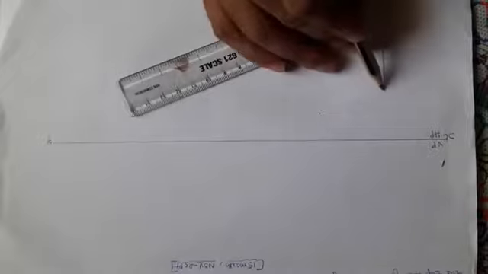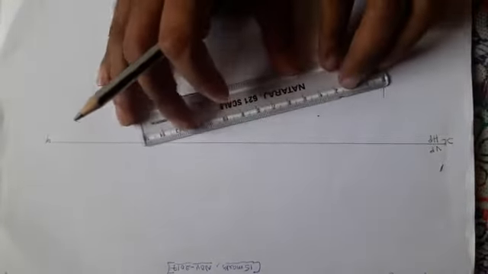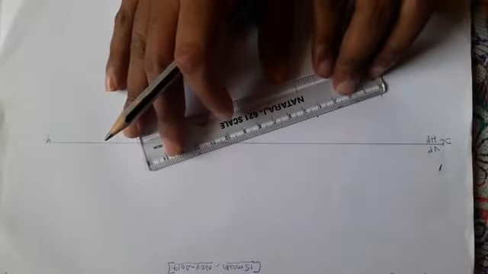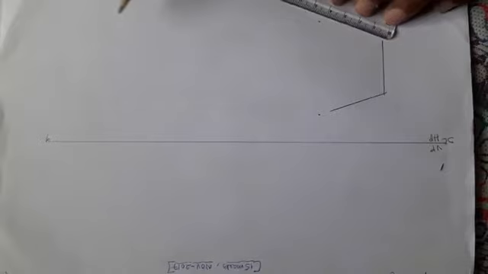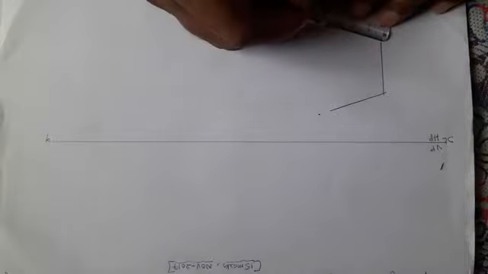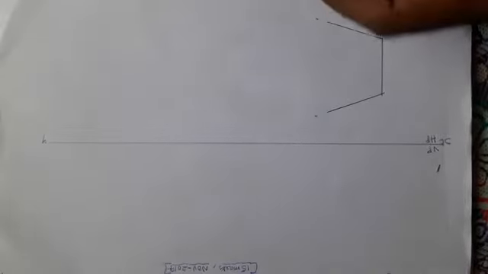From this point to this point, taking a distance of 35 mm, I draw a line. Similarly here also, from this point to this point, a distance of 35 mm, at an angle of 72 degrees for the pentagonal pyramid.